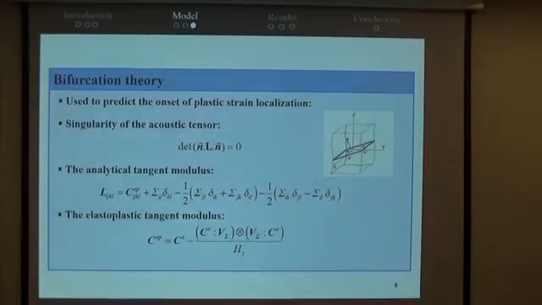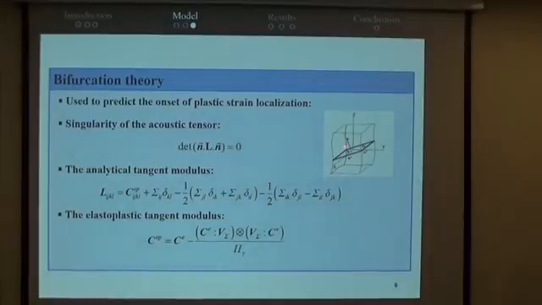So in order to predict the ductility limit, the previous GTN model is coupled with the Rice bifurcation criterion, or the bifurcation theory. This criterion assumes that the ductility limit is reached when the acoustic tensor becomes singular, otherwise, when the determinant of n L n becomes equal to 0.